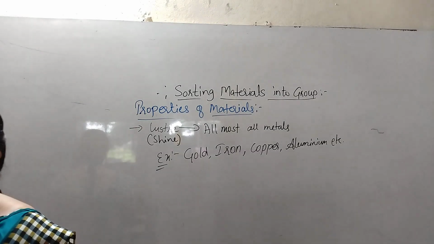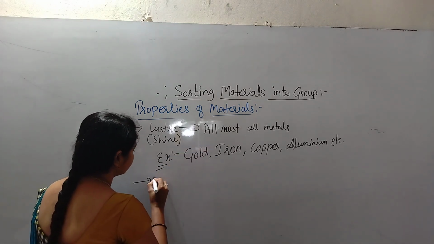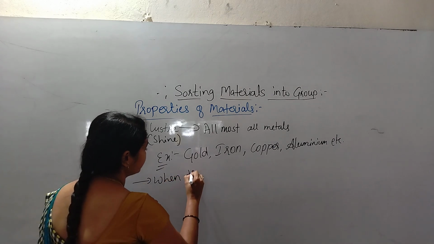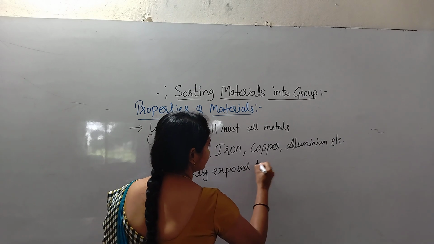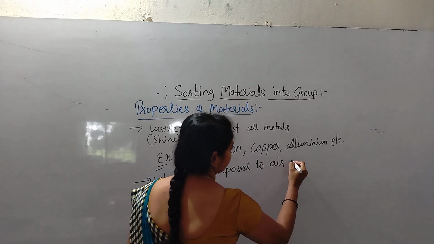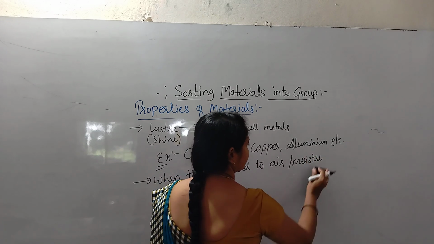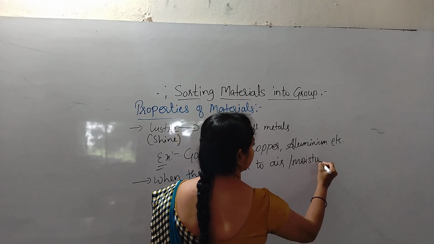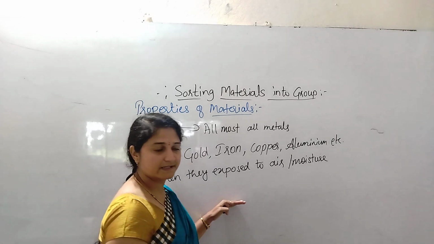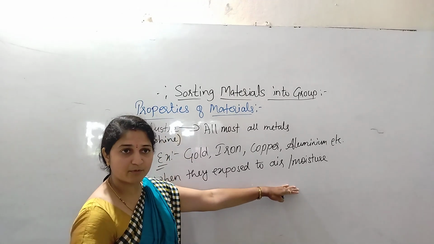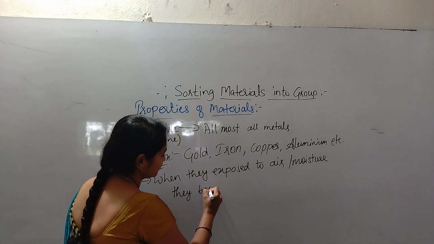Then they lose their shiny property when they are exposed to air or moisture. So when these metals are exposed to air and moisture, they become dull.